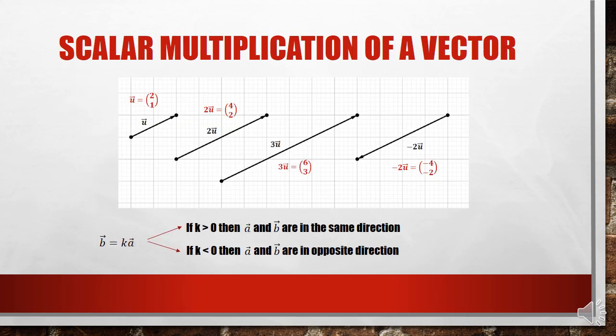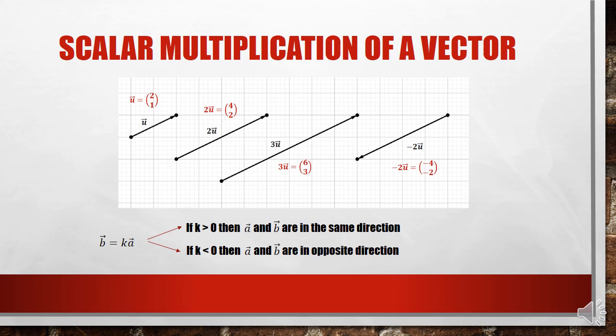Scalar multiplication of a vector. So what happens if a vector is multiplied by a scalar? Scalar means any number. If I have vector u (2, 1) and it is multiplied by 2, you just multiply each of its components by 2. If a vector is multiplied by 3, you multiply each component by 3, and so on.